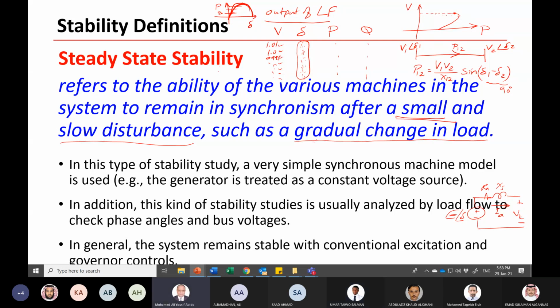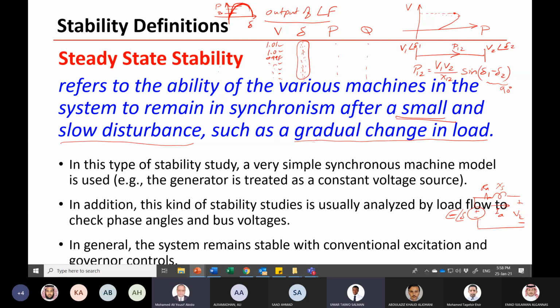As I understand from your question, if you have only one machine that is powering a particular network, maybe a very big machine powering the whole load, can't we have instability in such a case?